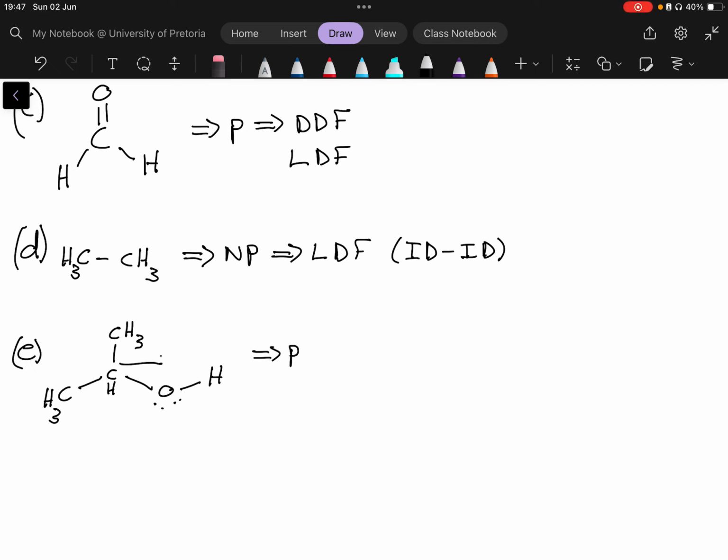There's a polarity towards that side, so it means we will have dipole forces. Can we have hydrogen bonding? Yes, there is an OH bond, so there is hydrogen bonding present. And all molecules have London dispersion forces present in them.